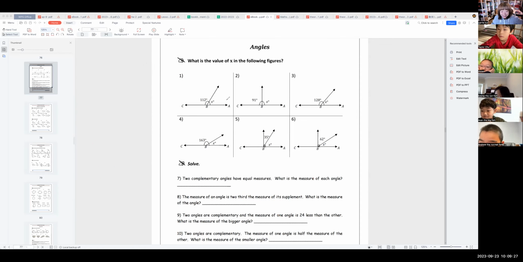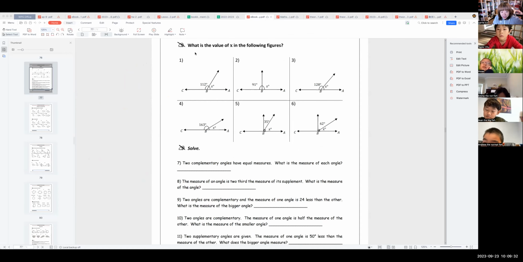Okay, so let's take a look at this one, okay? So there are two angles that are complementary to each other. How to do this question? If one is x, the other is what?